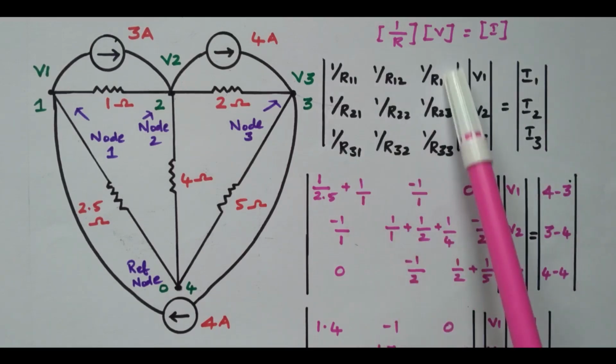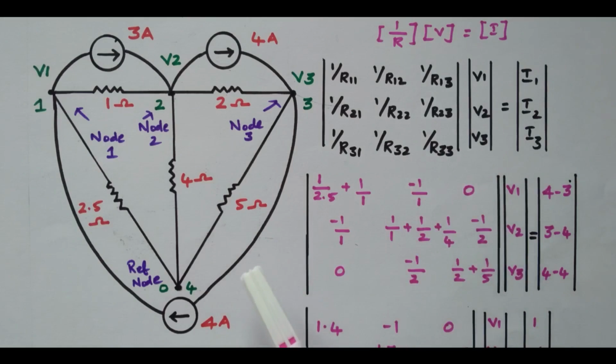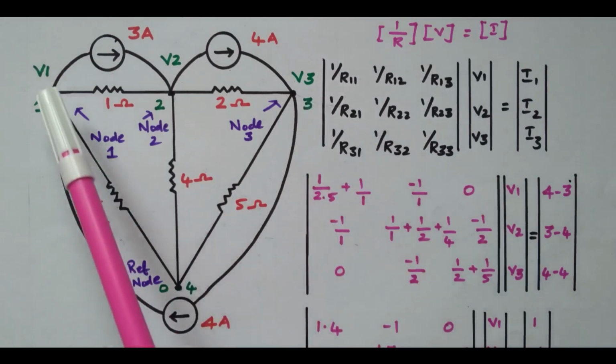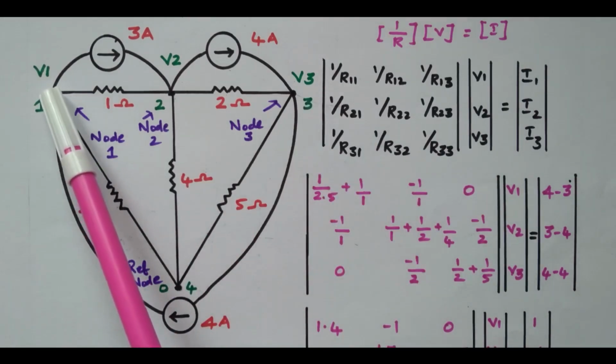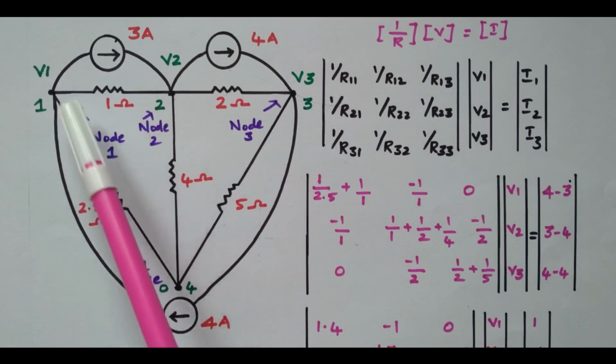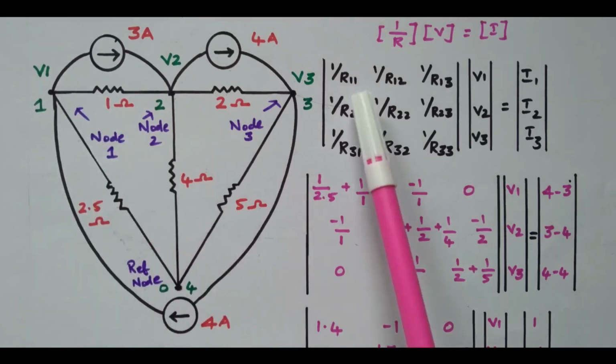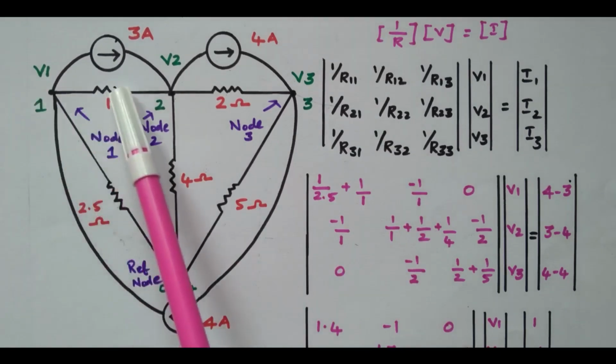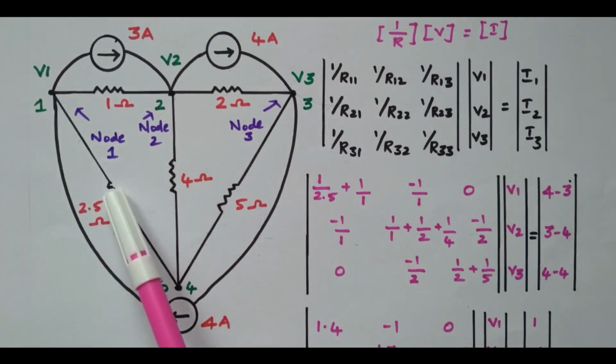First, we will consider the resistance matrix. What is R11, 1 divided by R11? R11 is nothing but the resistors connected at node 1. What are the resistors connected at node 1? We need to identify. That is R11. So at node 1, this 1 ohm is connected and this 2.5 ohm is connected.